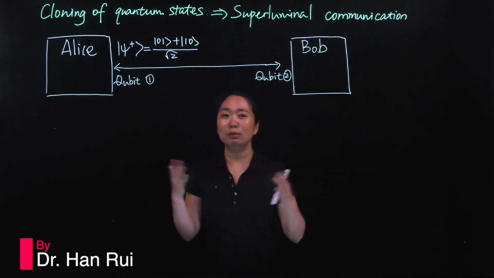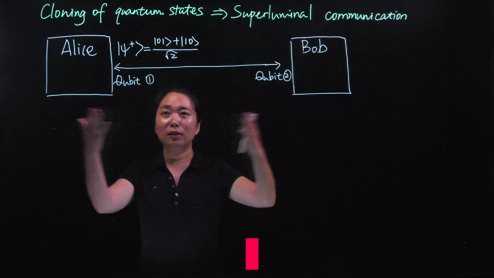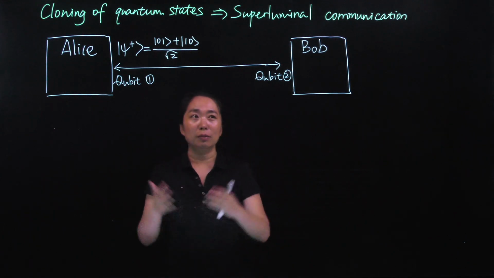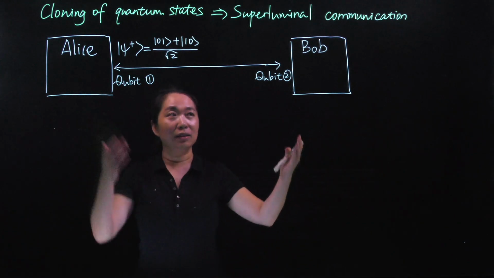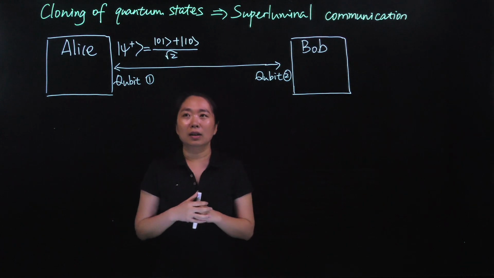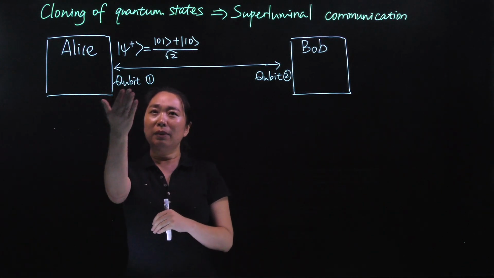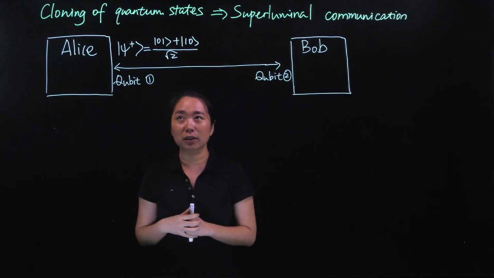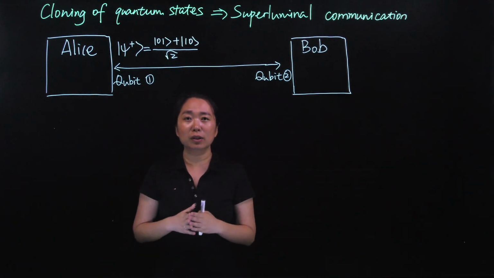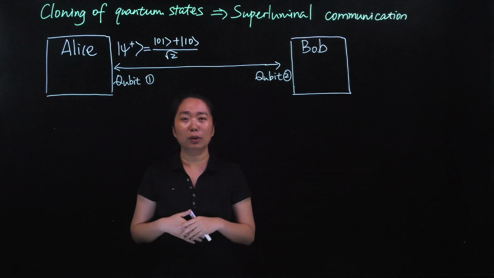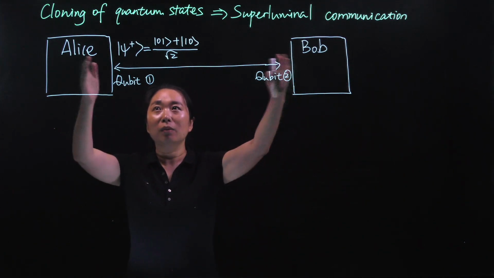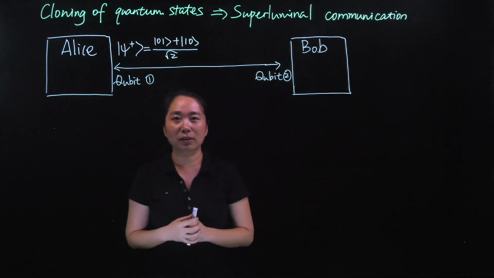For that, we will use the diagram that we have seen previously for the superdense coding, which is the communication channel between Alice and Bob. We will label Alice's qubit as qubit 1 and Bob's qubit as qubit 2, as we did previously. But instead of using the phi plus state that we used for the superdense coding, now let Alice and Bob share the phi plus Bell state.